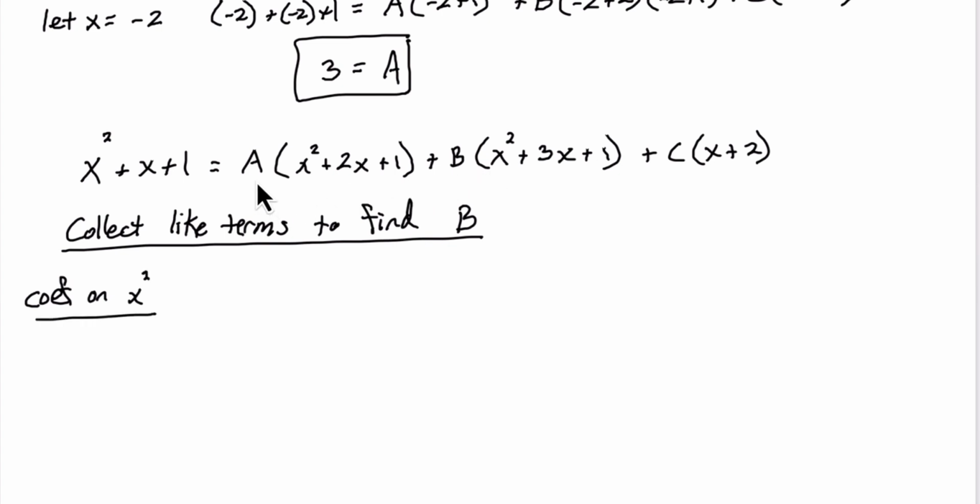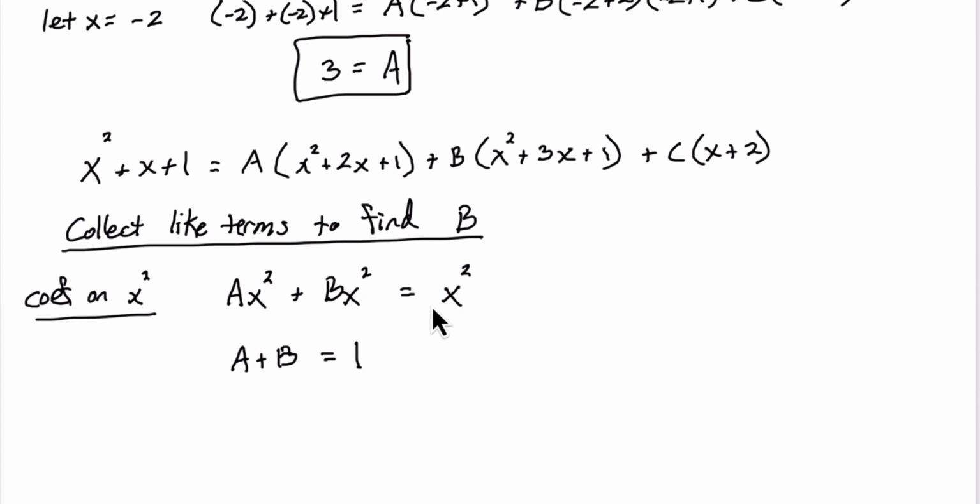If we distribute this out, we'll get A x squared plus B x squared. And we're going to set that equal to the squared term that is over here. Now let's look at just the coefficients on those. A plus B, the coefficients on the squared terms on the left side, let's set that equal to the coefficient of the squared term on the right side, 1.